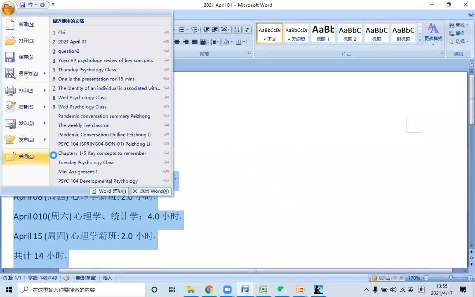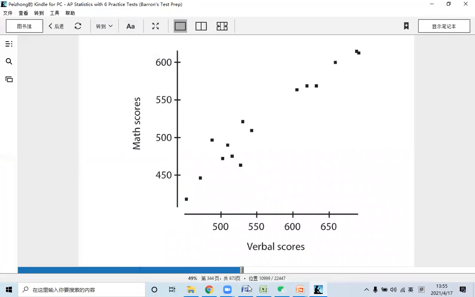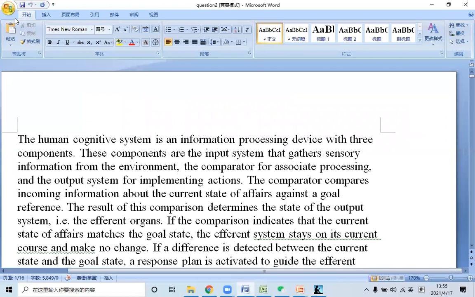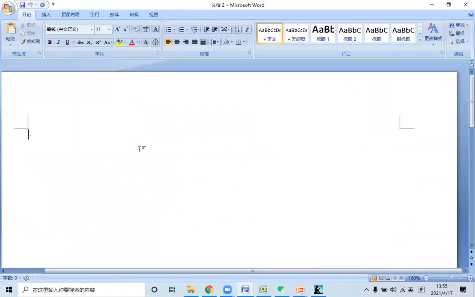You are looking for predicted y, y with a little hat, equals a plus b times x. And then you need a and b. Where do you go get a and b? In this case, y is the predicted math score.